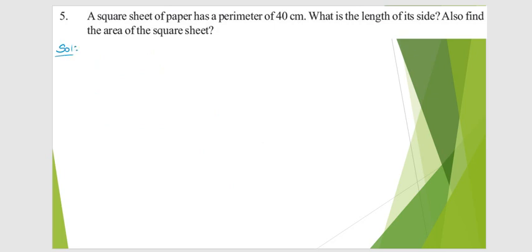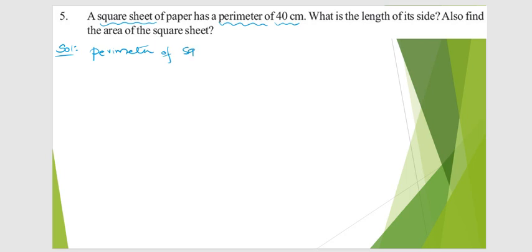Question number 5. Here in this particular question, the given figure is in the shape of a square, and this particular square has perimeter 40 centimeters. Already in the previous videos we have discussed the perimeter of a square.